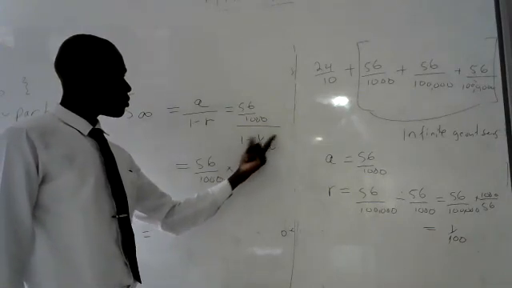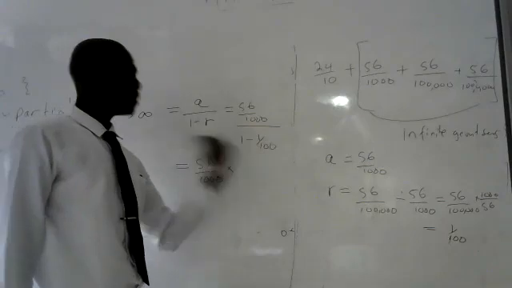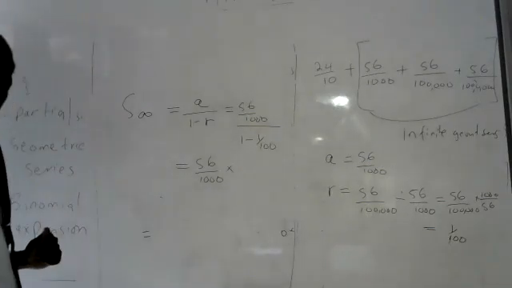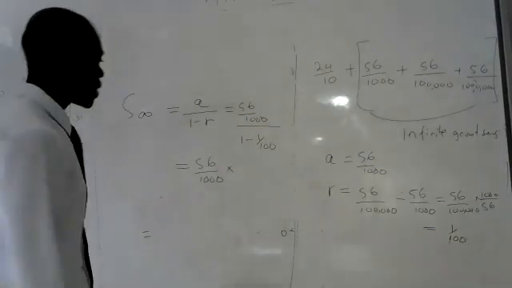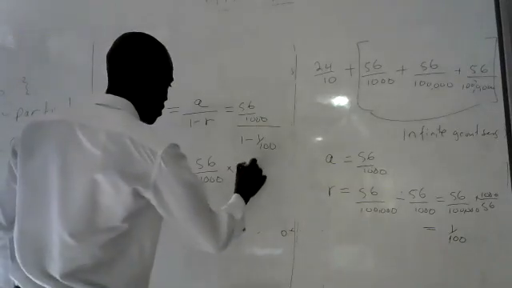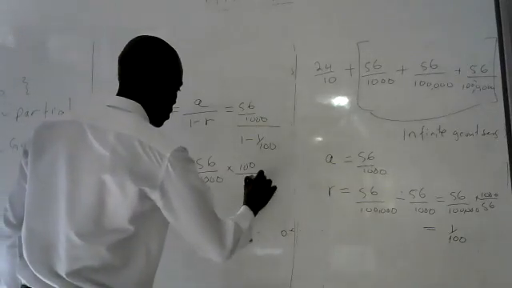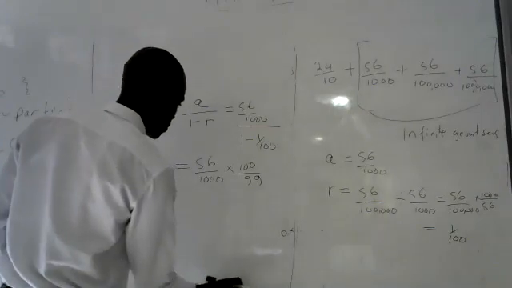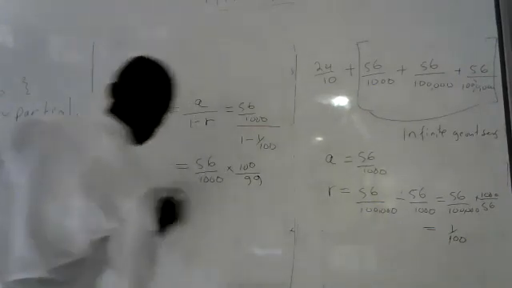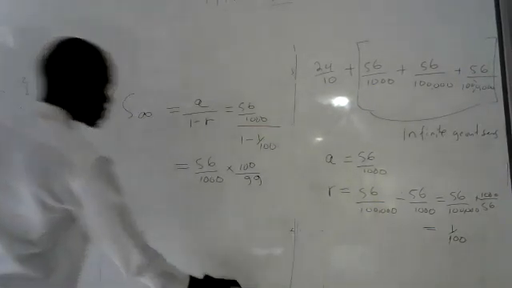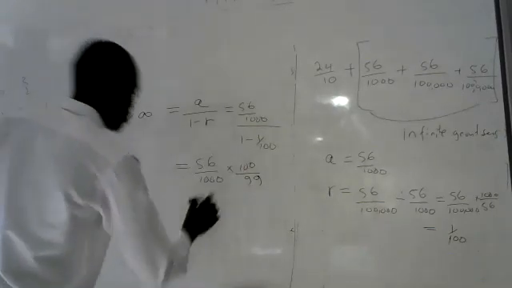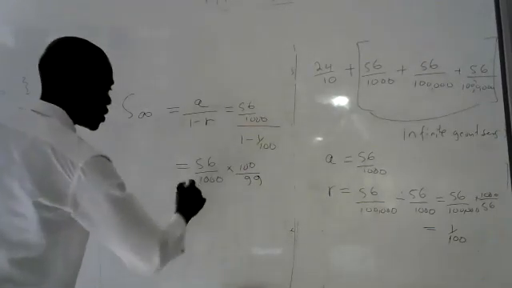But what is 1 minus 1 divided by 100? That should be 99 divided by 100. So when I invert, I get 100 divided by 99. You check if this is true. And so then we just do the calculation.